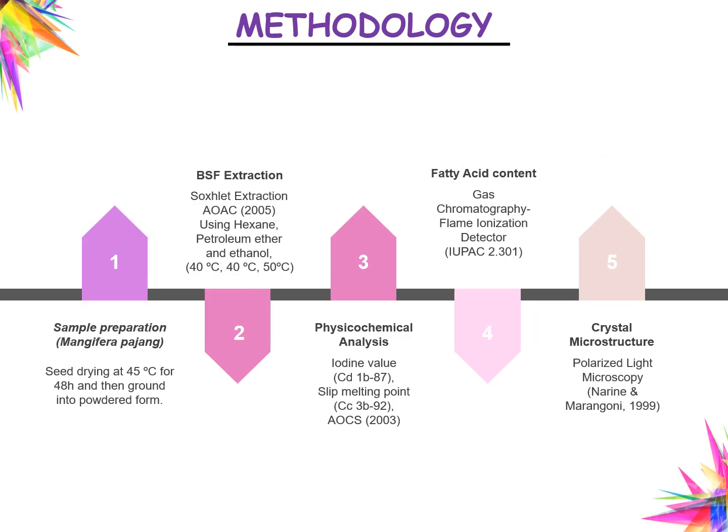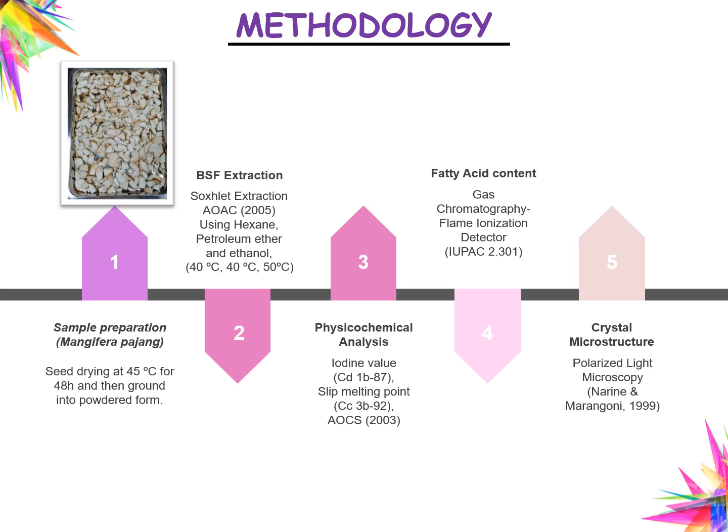Official and established methods, as shown in the slide, were used for Bambangan seed fat extraction and determination of the physicochemical properties, the fatty acid compositions and crystal microstructure of the extracted Bambangan seed fat. First, for the sample preparation, the seed was separated from the flesh and cut into small pieces before being dried at 45 degrees for 2 days and ground into powdered form.